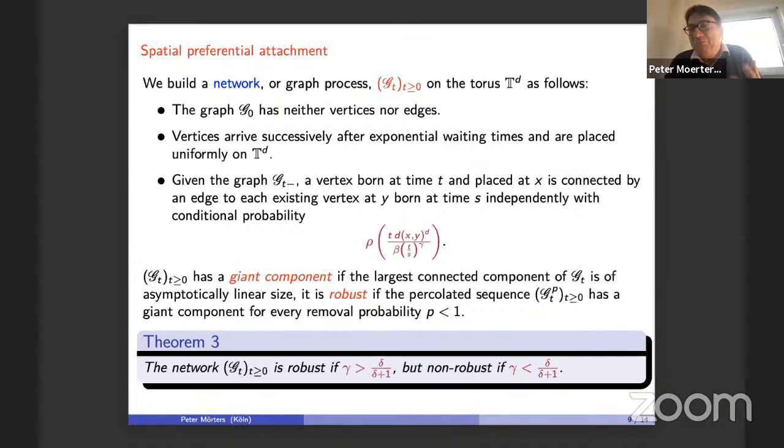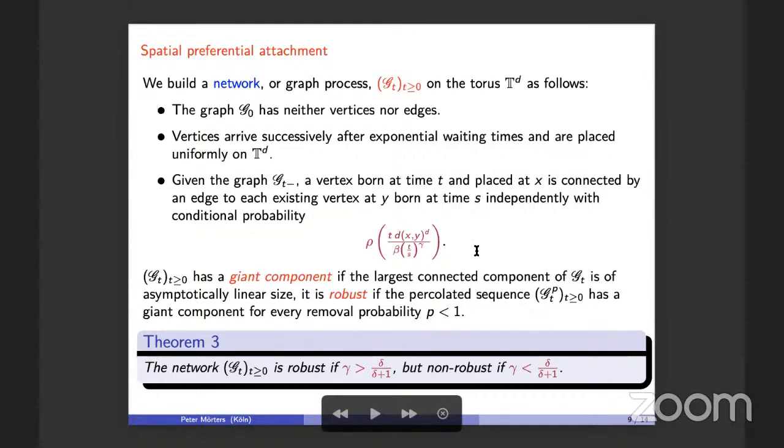So this would be a pretty generic distribution. We haven't done this, but I have no doubt that this would be possible, because we're looking at results that are away from the critical value, and therefore you expect universality for this. You wouldn't expect this if we had results for gamma equal to delta over delta plus 1. But because we are away from this transition, yes, I think that would translate to a result for a generic distribution of the marks.